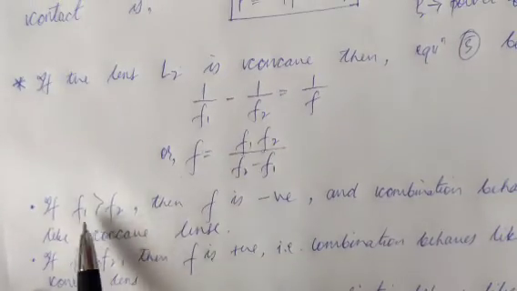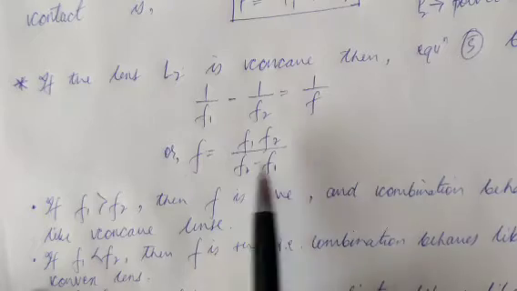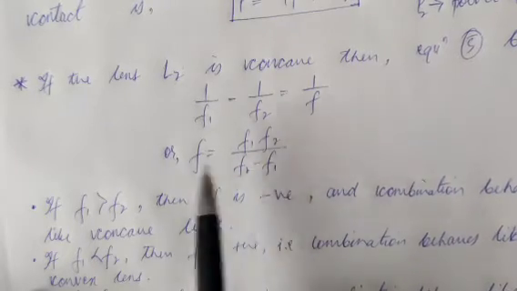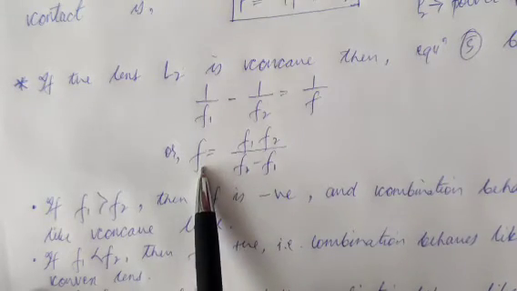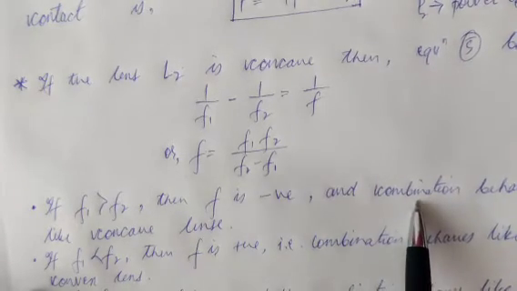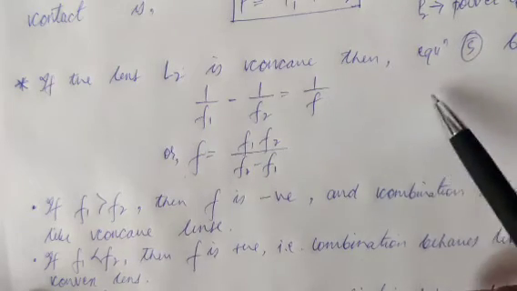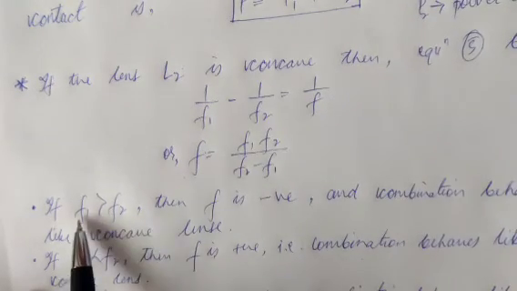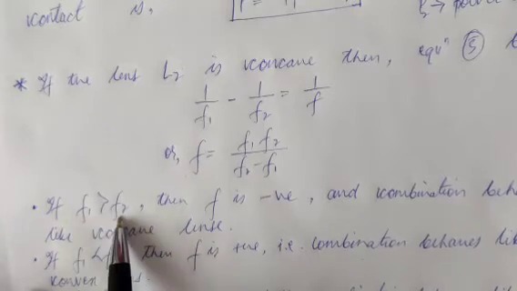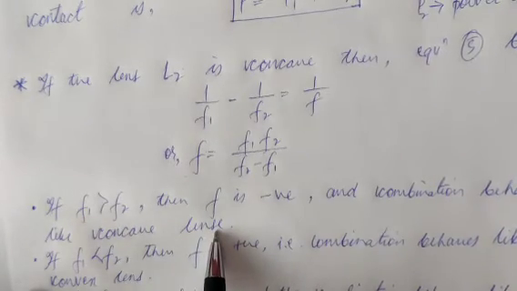Now if f1 is greater than f2, then the denominator is negative, and on the whole, the combined focal length is negative. So f is negative. So to say, for the combination of a convex lens and a concave lens, in case the focal length of the convex lens is greater, f1 is greater than f2, then the combination behaves like a concave lens, remember.